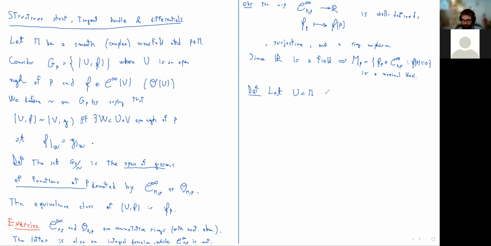So we take an open set U, and we define C^∞(U), and the same way for holomorphic when we have a complex manifold: the set of all functions from U to R (or C) such that f is smooth.